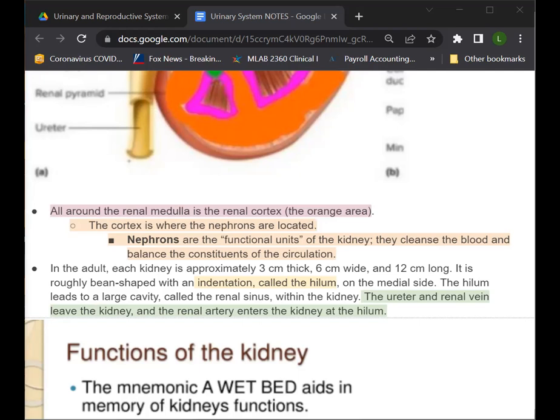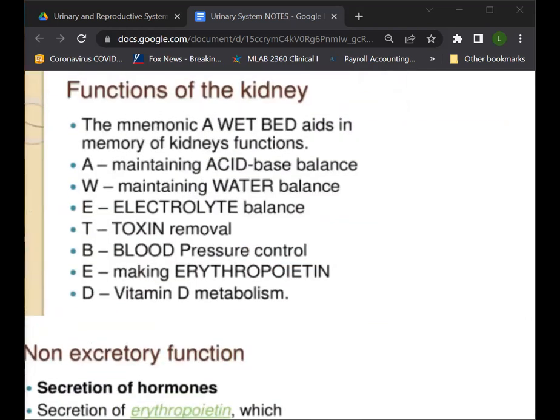Okay, then this is a good mnemonic for the different functions of the kidney, which is A WET BED. A is for acid-base balance. W is for water balance. E is for electrolyte balance. T is for toxin removal. B is for blood pressure control.